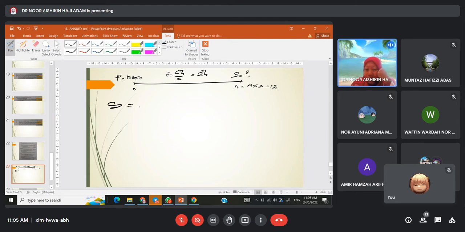Formula kita? S equals to? Jangan lupa formula. P kurungan 1 tambah I power of N. So you masukkan 10,000, 1.02 to the power of 12. How much is that?